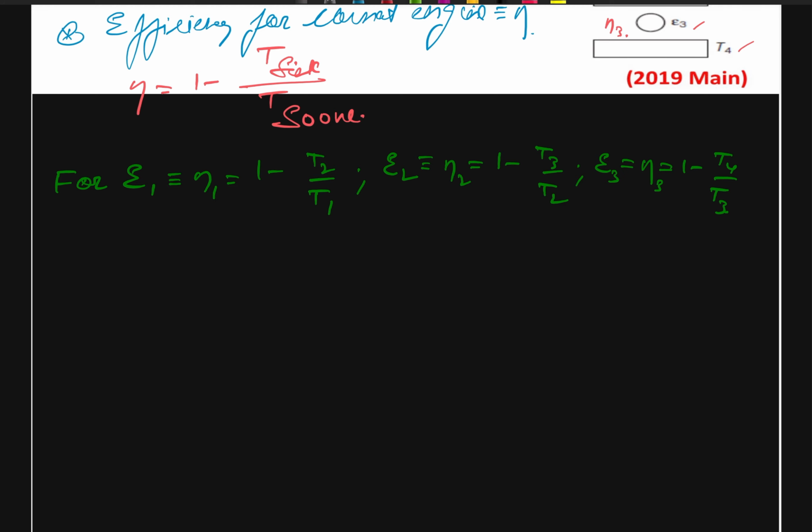We are given that all these efficiencies are equal: nu1 is equal to nu2 is equal to nu3.